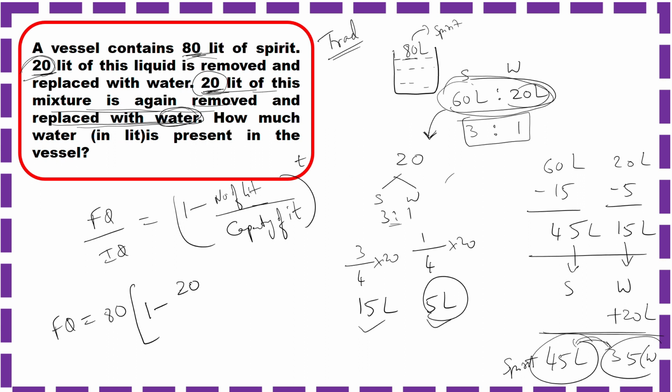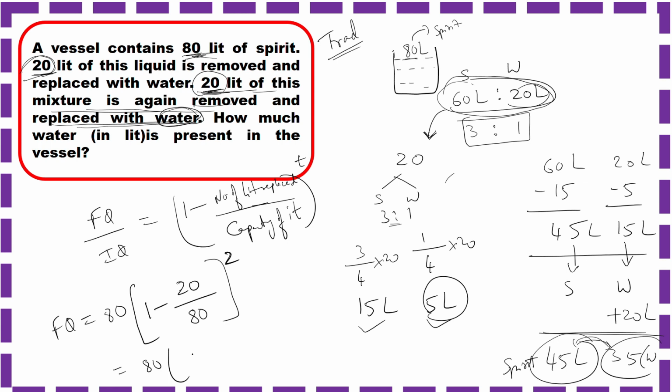Every time 20 is being replaced, so 20 by the capacity of the container, which is 80. And how many times is it getting replaced? This is the first time and this is the second time, right? So we are replacing 2 times. So t is 2. Now calculate this.